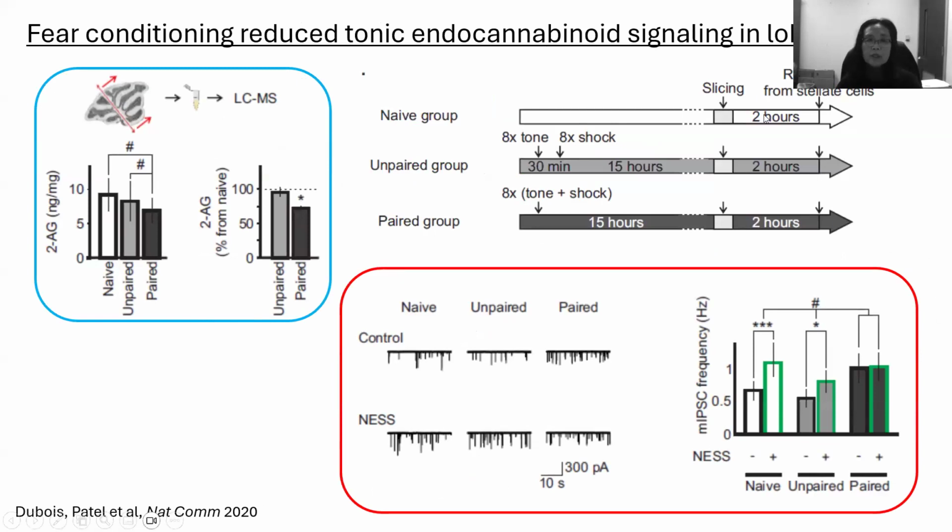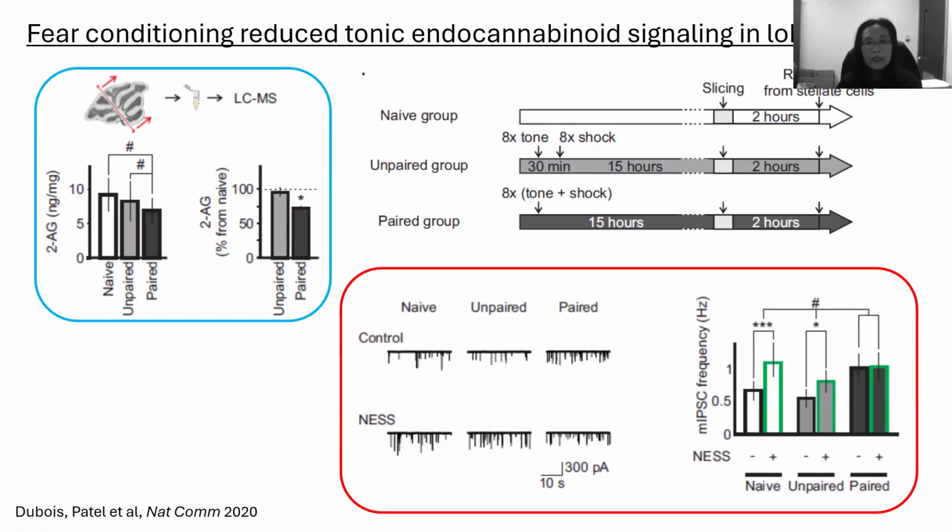One is a naive group, and another control group uses a fear conditioning protocol that is unpaired. That means it gives 4 tones, and then 30 minutes later gives 4 foot shocks. With 8 tones and 8 foot shocks separated by about 40 minutes, the animal does not learn any association between these two stimuli.